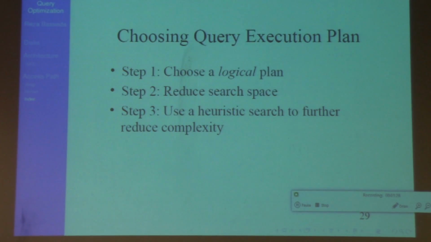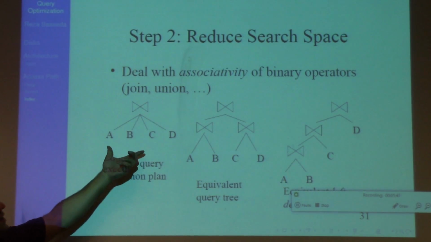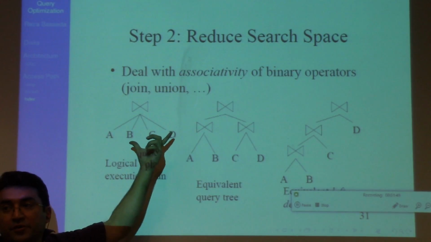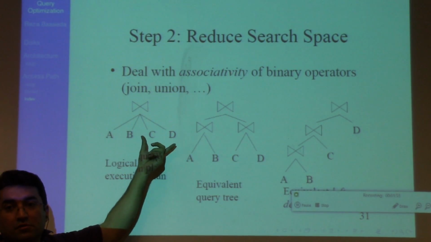So then we need to reduce the search space. What do I mean by reducing the search space? Suppose that we have in our tree a join of these four tables for relationship. How can I complete this join?